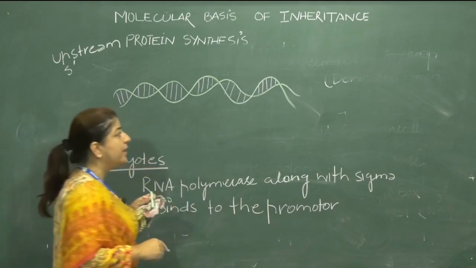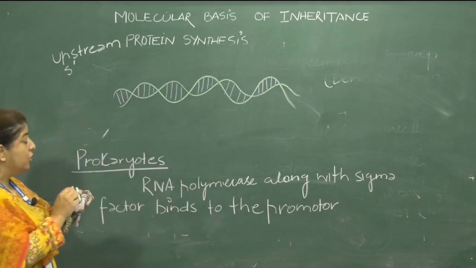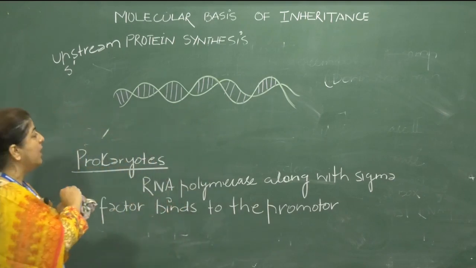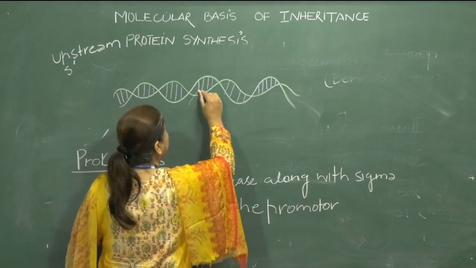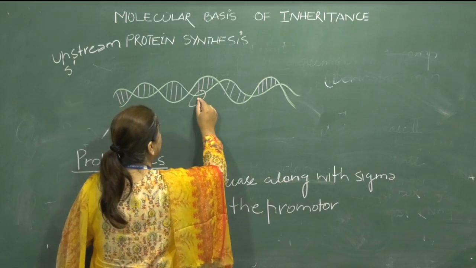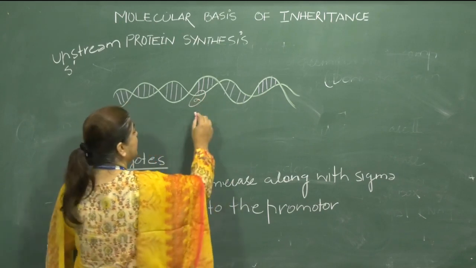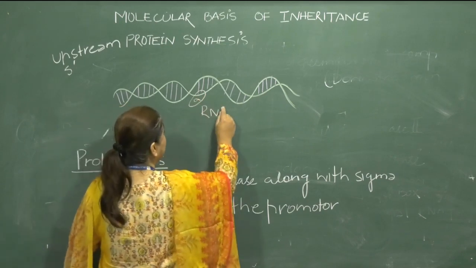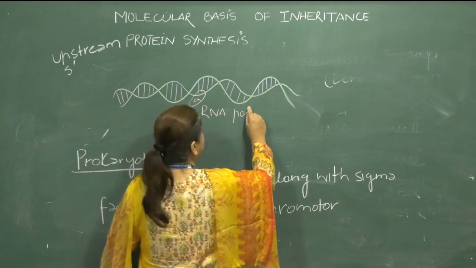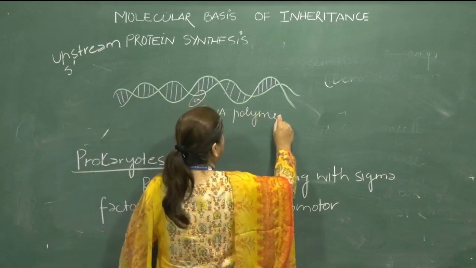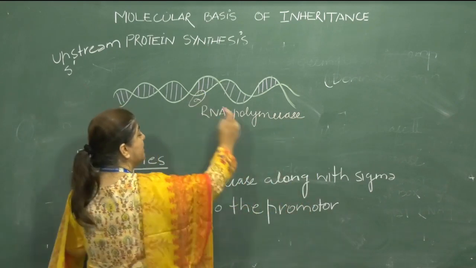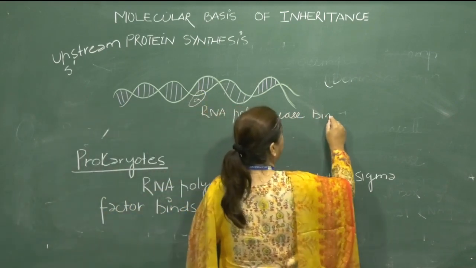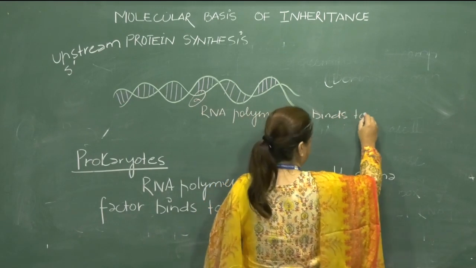In the first step, the RNA polymerase along with the sigma factor comes and binds to the DNA.